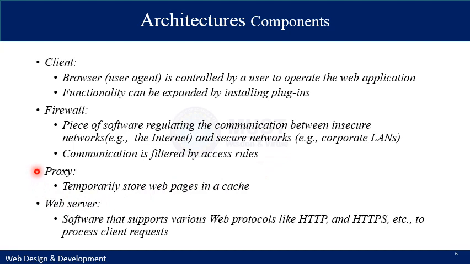Some architectures use a proxy that temporarily stores web pages in a cache. Web servers are also an important part of your architecture. The web server component is software that supports the various web application protocols such as hypertext transmission protocol or its secure version, etc., to process the client requests.